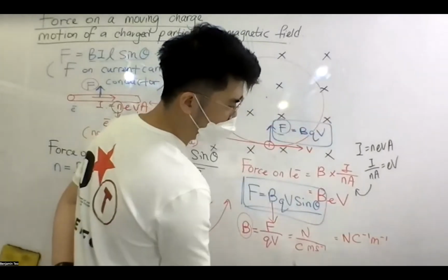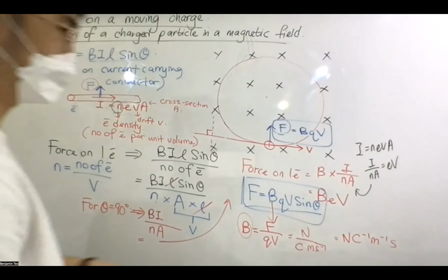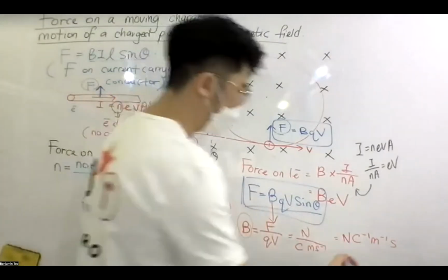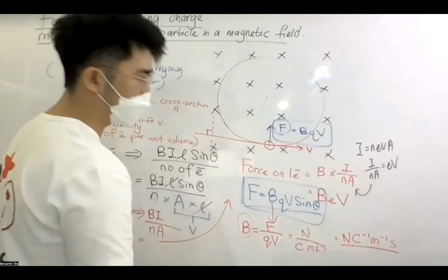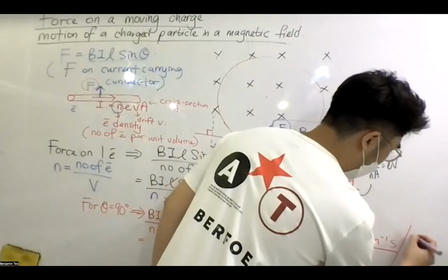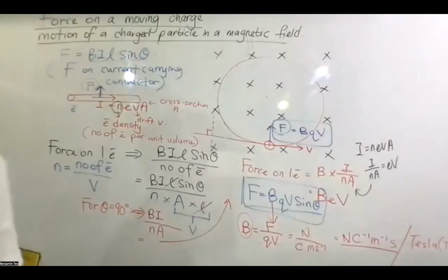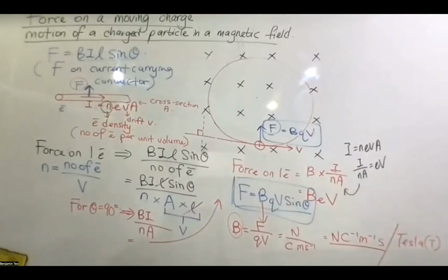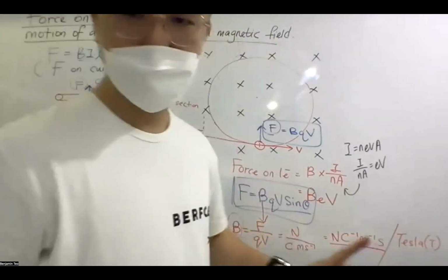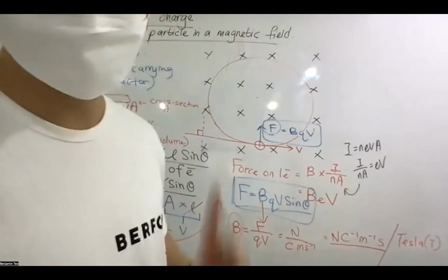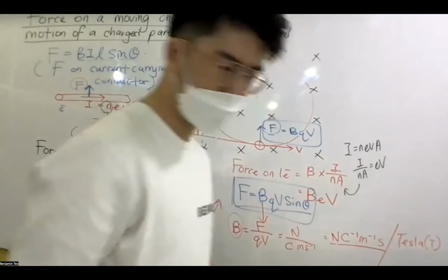You invert again, and it becomes normal. That is the base unit for magnetic flux density, which is called Tesla, T. You need to remember the base unit also, because they will ask about Tesla T and its base unit.